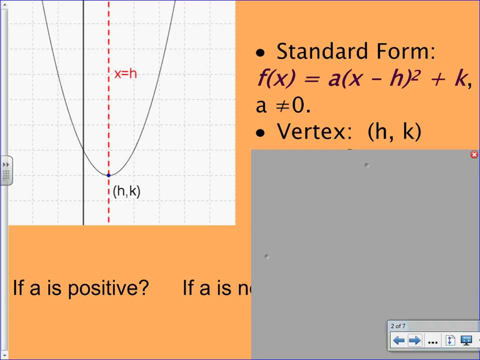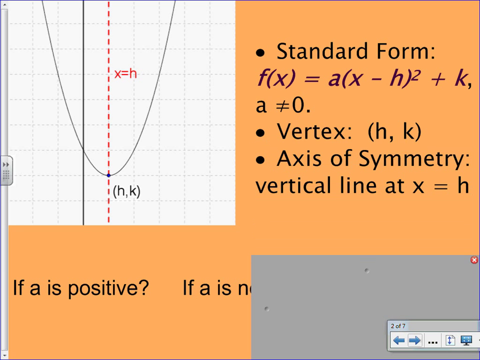I have this dotted line going through my parabola. What's special about where I drew that dotted line? There's symmetry in the parabola. There is symmetry in the parabola about it. Do you remember what this is called? Symmetry is a key word. Yes. Okay. This line that goes through our vertex, this vertical line, is called our axis of symmetry.